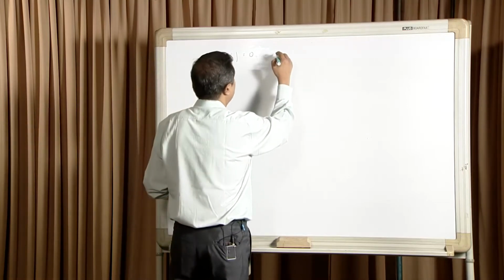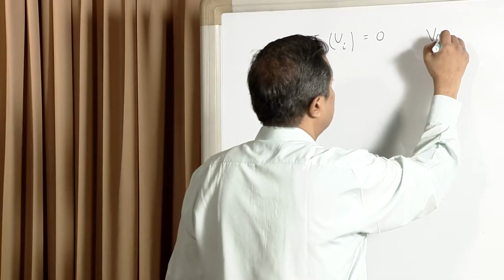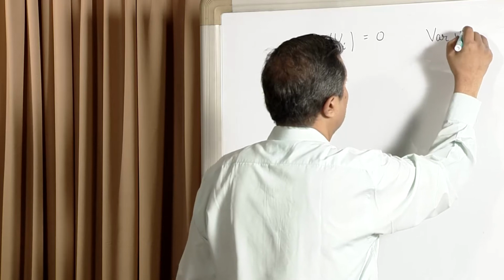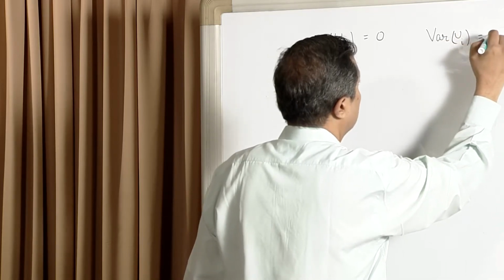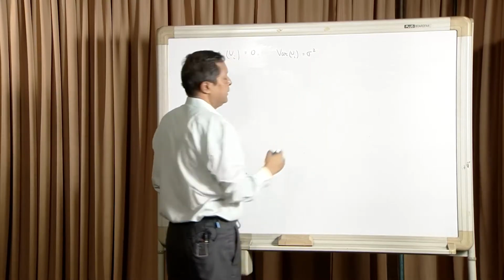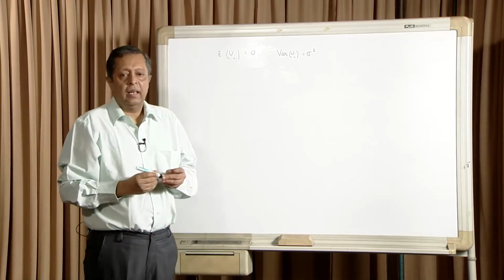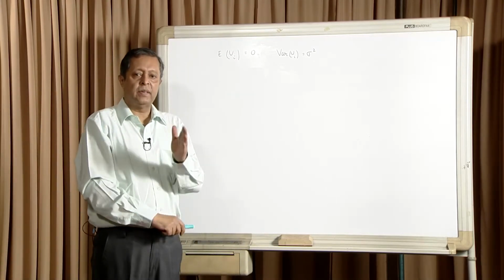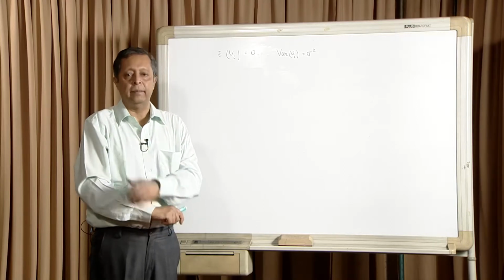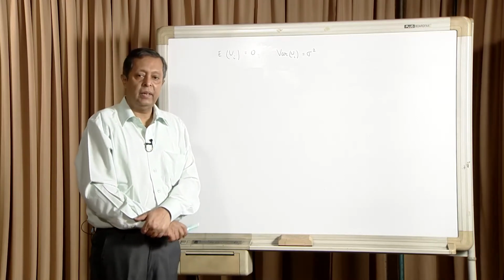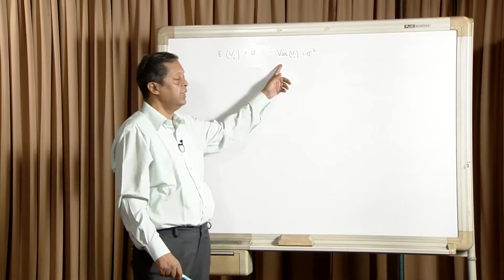Secondly, we have variance of ui is equal to sigma squared. As we have seen, the observations run from 1 to n, but the variance of each of these ui's is the same.